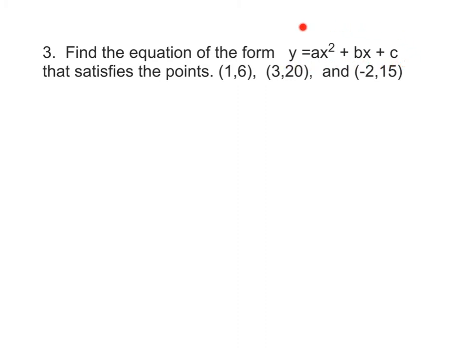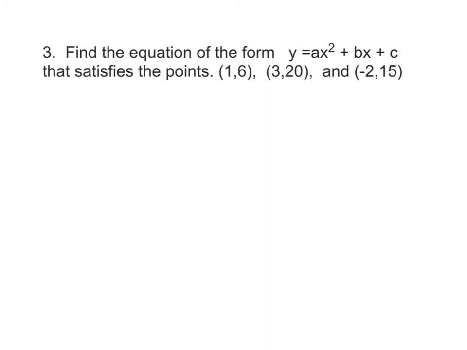So if we were to graph this with numbers in for a, b, and c, we should get the graph of a parabola. Now we don't know what the a, the b, and the c are this time. We want to be able to solve for a, b, and c, but we know that this point (1, 6), this point (3, 20), and this point (-2, 15) have to satisfy the equation of the parabola.